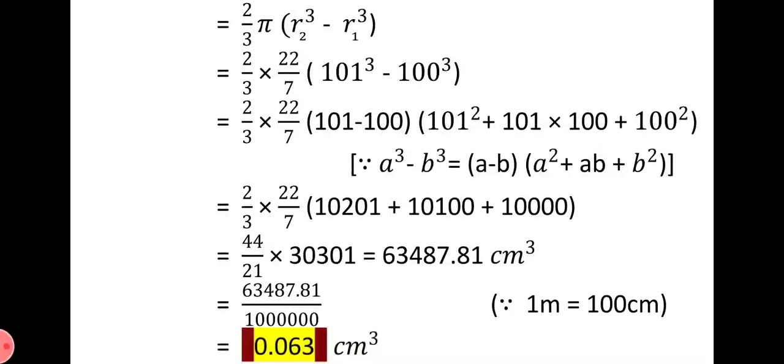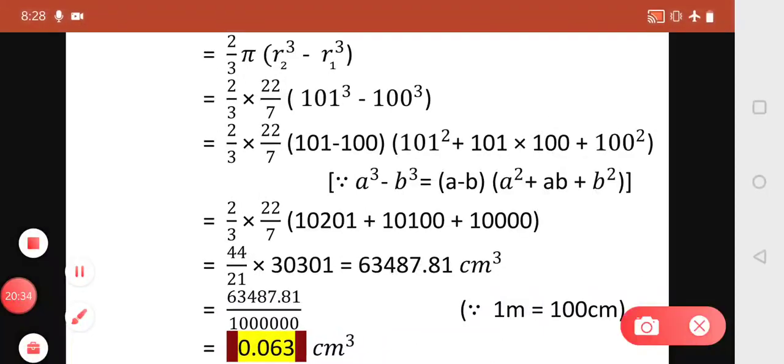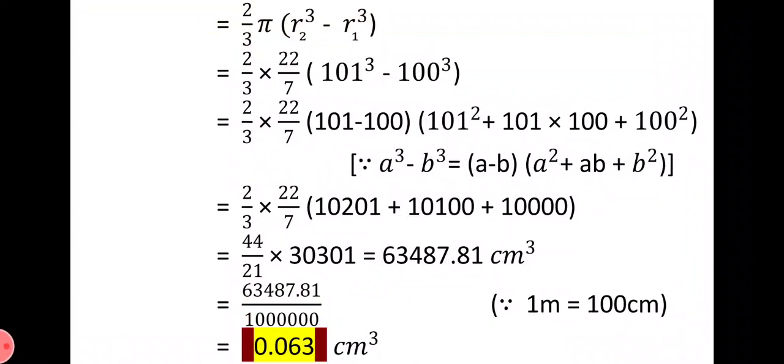That is equal to 0.063 cubic meter. So 0.063 cubic meter of iron sheet is used to make the given hemispherical tank.